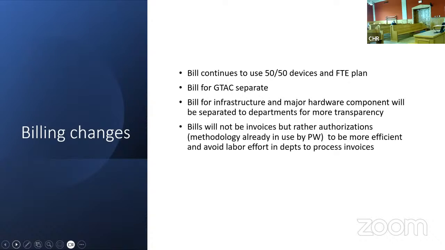So it'd be a little bit more transparent for the departments to say, one bill is paying for operations and one bill is paying for helping us to replace and make sure that we stay updated on all of our infrastructure and major components. I think it just lends more transparency.